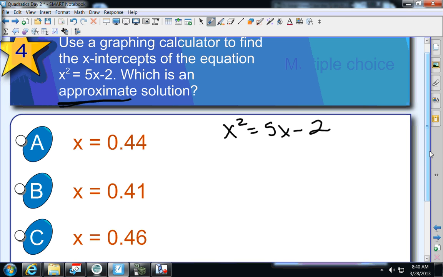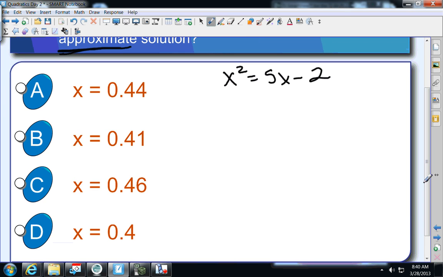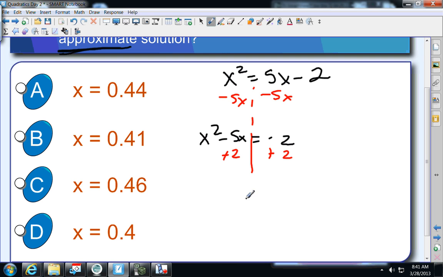First, before we can put it in the calculator, we've got to put it into standard form. I'm going to subtract 5x from each side. I get x squared minus 5x equals negative 2. I'm going to add 2 to each side. We get x squared minus 5x plus 2 equals 0.